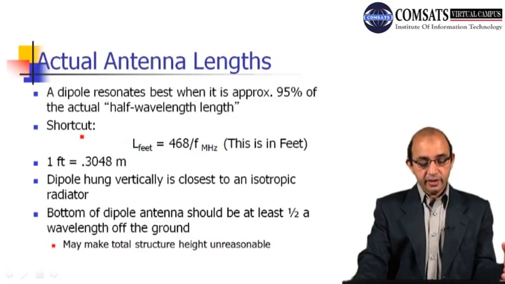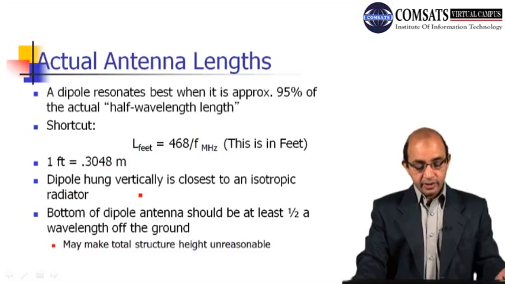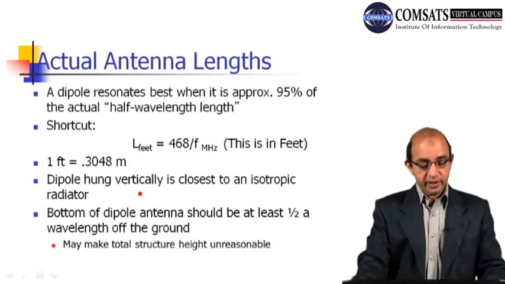Then we have the formula: the length in feet is equal to 468 divided by the frequency in megahertz. There are also some conditions: the dipole should be hung vertically, as close as possible to an isotropic radiator. The bottom of the dipole antenna should be at least half a wavelength above the ground.